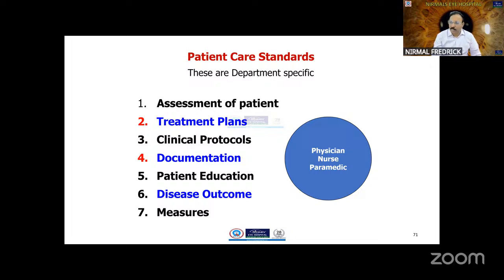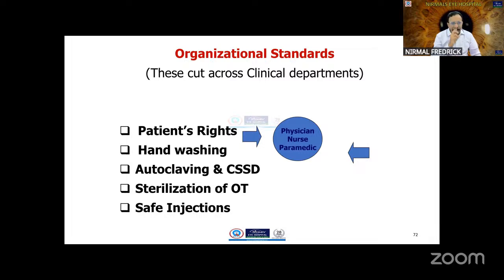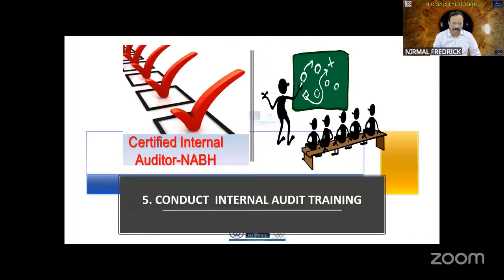So initial assessment, reassessment, and then what is the clinical protocol and what all has to be documented, whether it is manual documentation or EMR, all those things have to be listed. And these are organizational standards, patient rights, how your staff need to do autoclaving, sterilization of OT, all those things are part of the hospital standards.